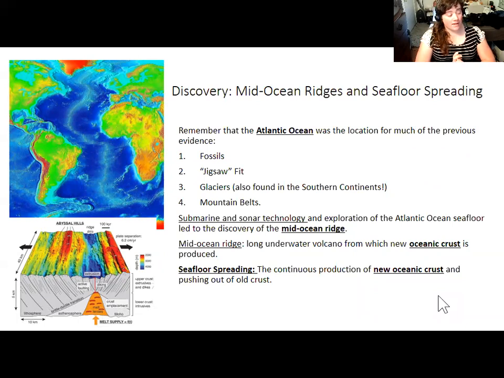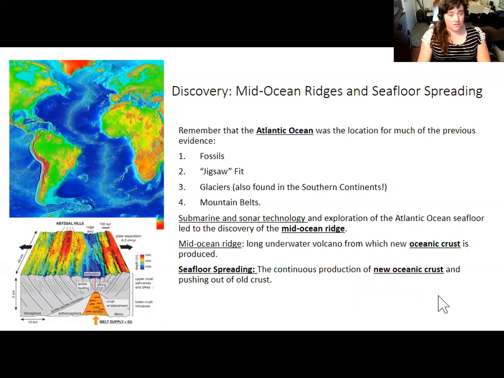It's primarily a divergent plate boundary, which is one of the types of plate boundaries we'll learn about. But what is happening at the mid-ocean ridge, like the one under the Atlantic Ocean, is that a volcano is erupting at the center and producing new oceanic crust, and that crust is spreading outward. What is known as seafloor spreading is happening.